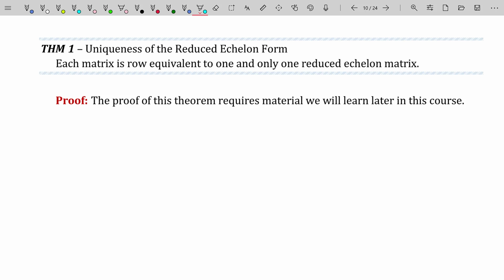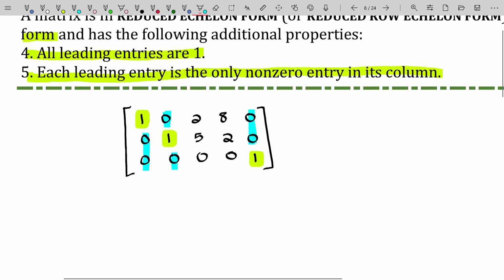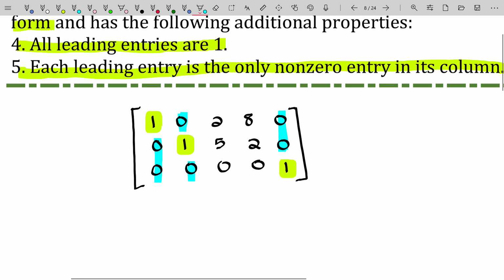So going back to the example I had earlier, if there was some matrix A that we manipulated to get to this being a reduced row echelon matrix, there is no other reduced echelon form for that original matrix.